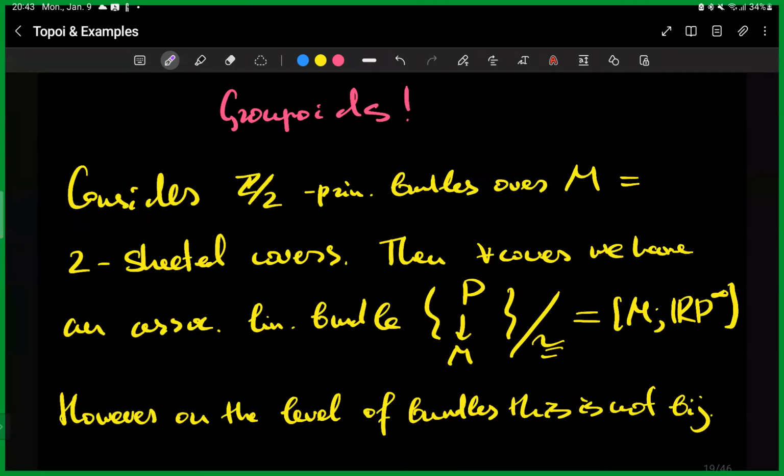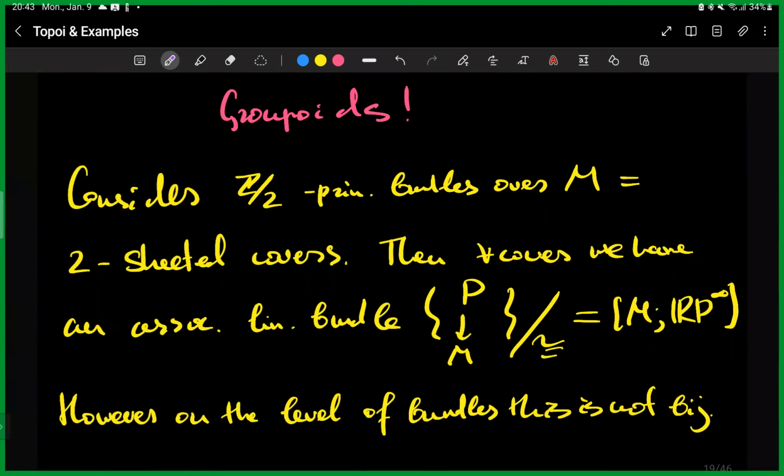So let's start with a very simple situation. Say that we want to classify principal bundles with discrete structure group. So we don't have any Lie algebra. Our connection is always trivial. Even better, we want to classify just principal bundles with structure group Z mod 2.